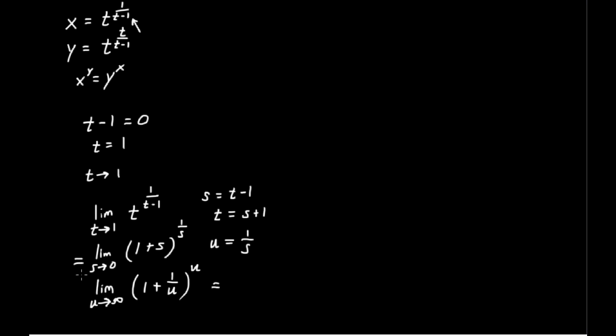And these two equations, this equation and this equation, are the definitions for a very special number called e. So that's pretty interesting here, that the limit as t goes to 1 of this equation is equal to e. So what that means is that we've just found yet another equivalent way of expressing Euler's number.